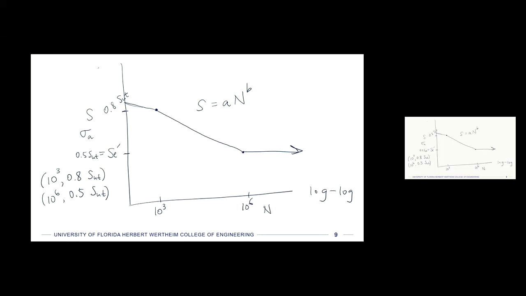Yes? First point is right here, 10 to the third. And then I sort of just wrote that there's a convention that this is around 0.8 times the ultimate tensile strength. Yep.